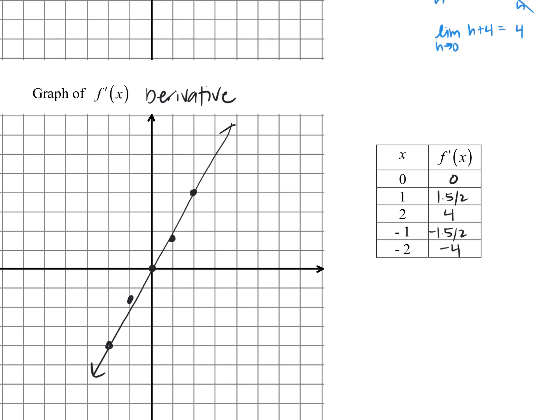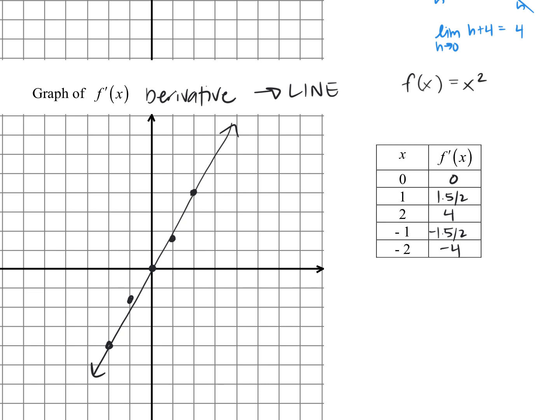So this, very closely, just off by a little bit, is what kind of function? It's linear, right? It's a linear function. So this is a line. Our original was a quadratic, x squared.